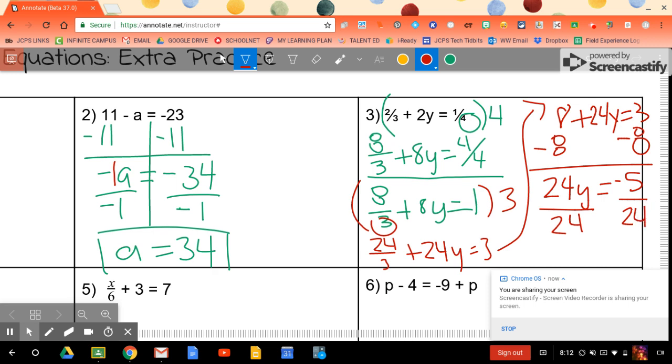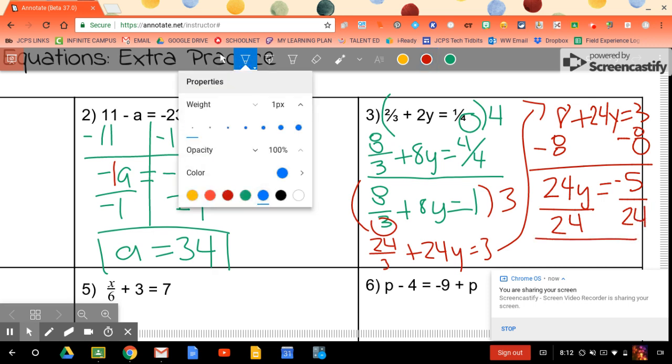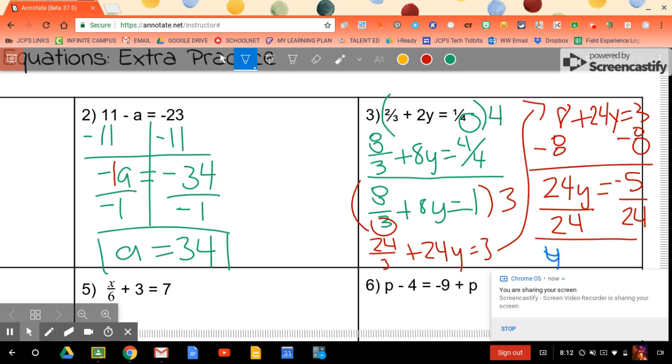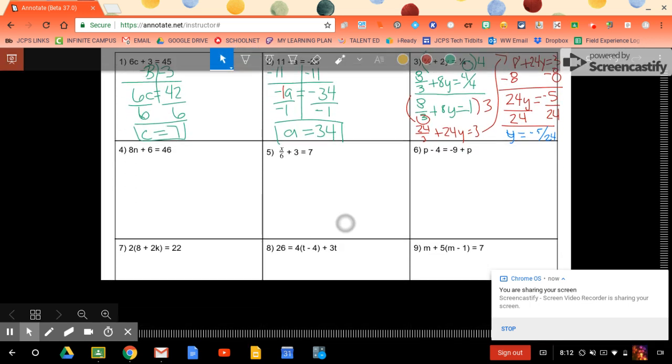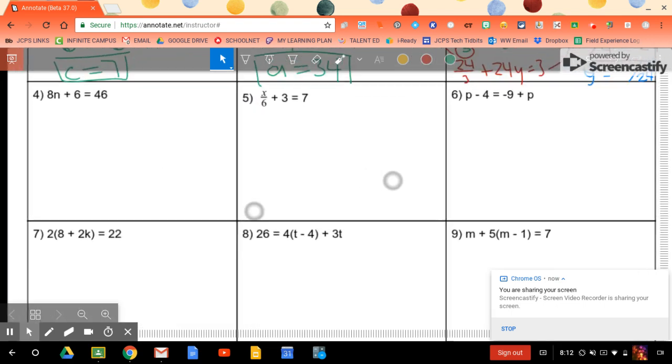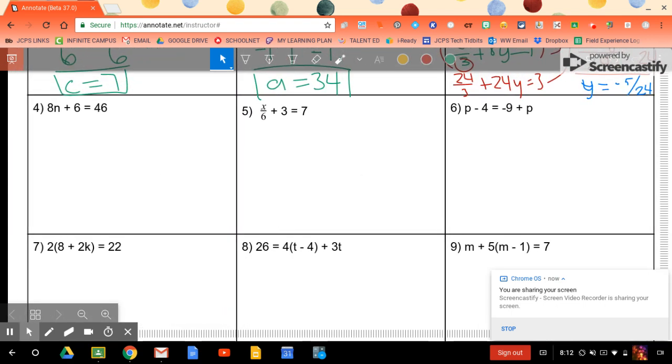So we are going to get a fraction. That is more than okay. So we're going to get y equals negative 5/24. So that is the first row. Let's move on to the next row, and we're going to get a little bit more challenging.